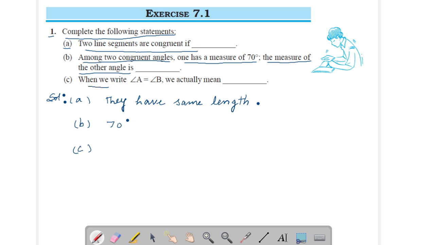When we write angle A equal to angle B, we actually mean measurement of angle A is equivalent to measurement of angle B.